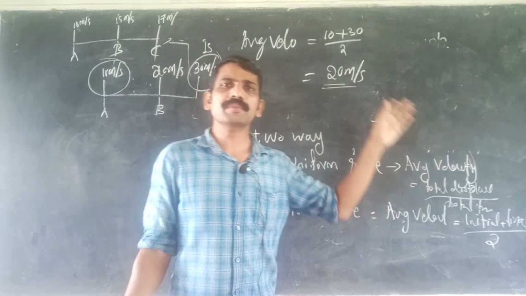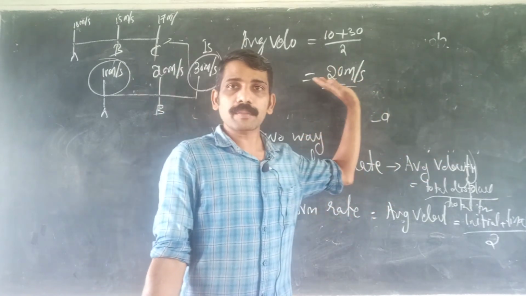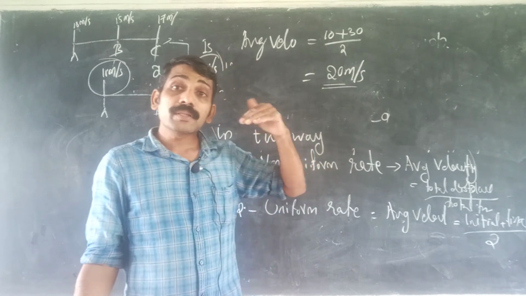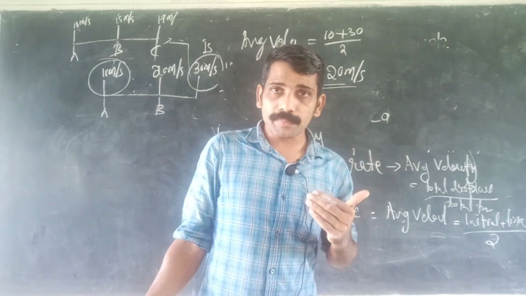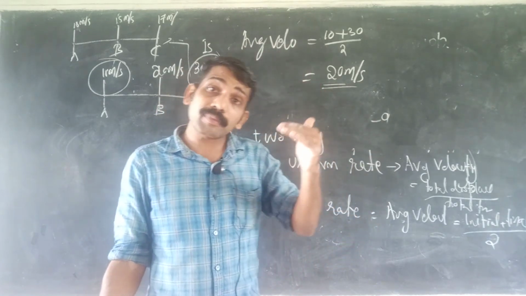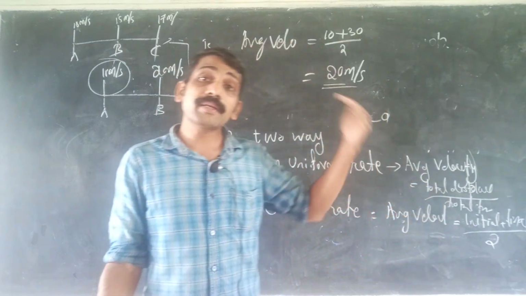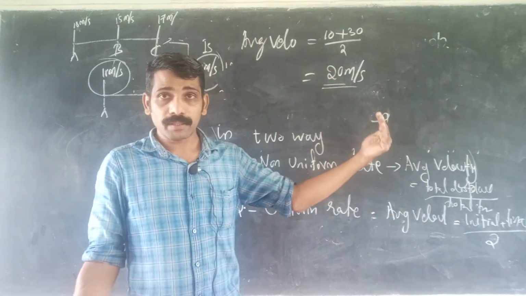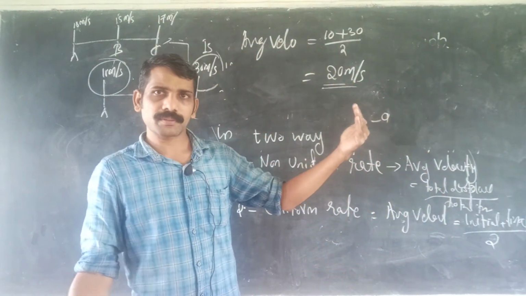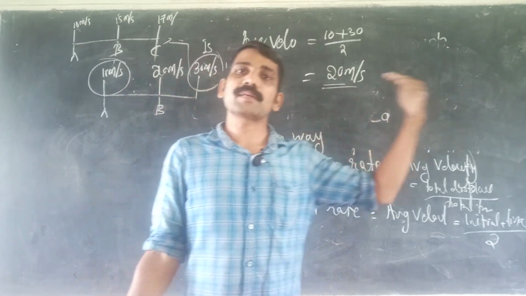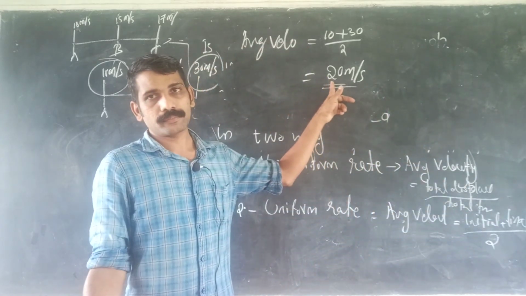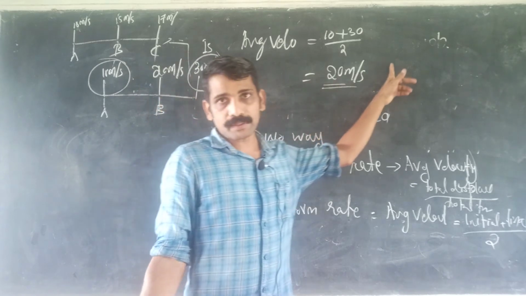Sometimes it travels at 20 meter per second. So it might not travel all the time at this speed, sometimes faster, sometimes slower, sometimes this speed. So this is average in this way.